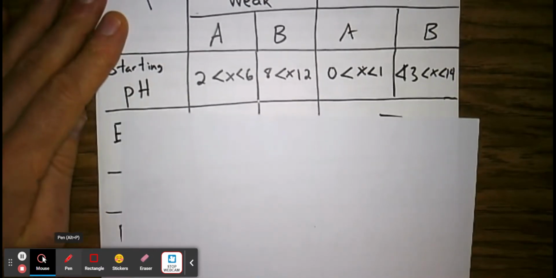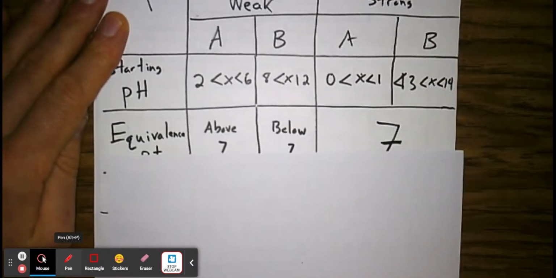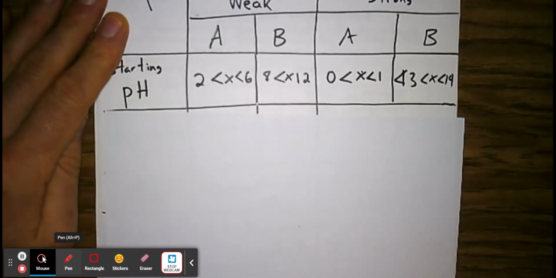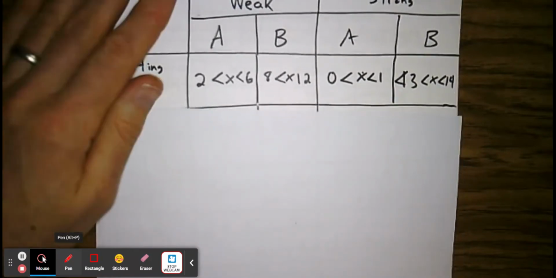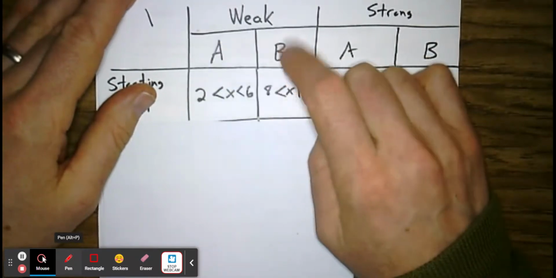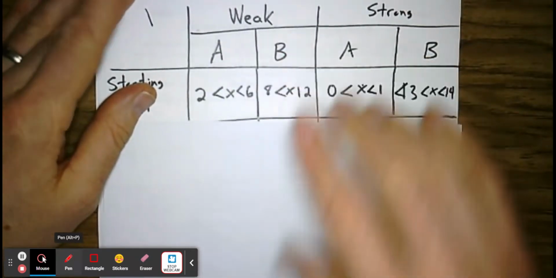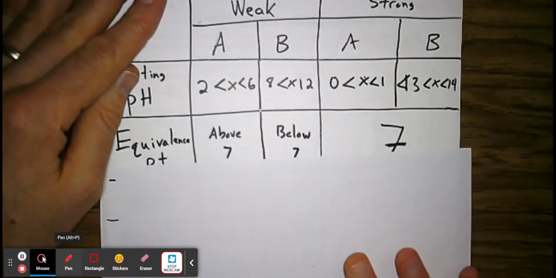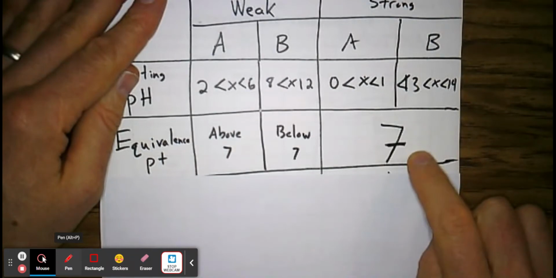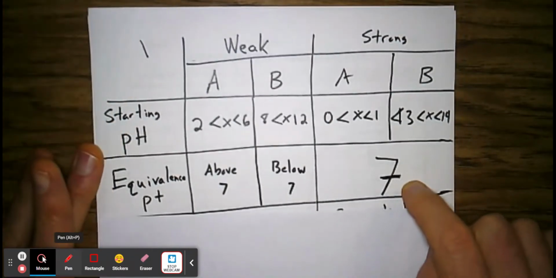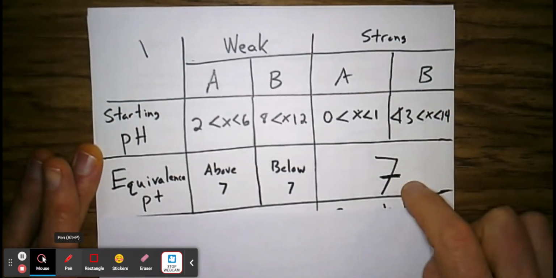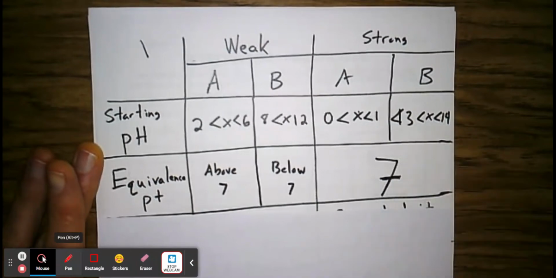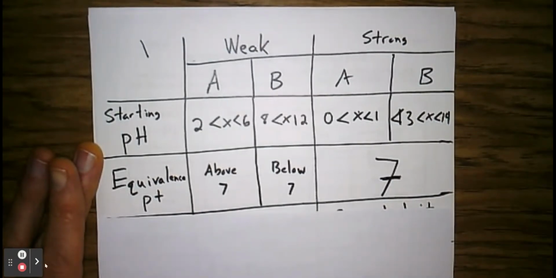The next thing I want to talk about is your equivalence point. When you're titrating a weak acid or a weak base, what you end up making is some conjugate. Therefore, your equivalence point's pH tends to be above or below 7, whereas for a strong acid or a strong base it's going to be at 7. As we had said, conjugates have feelings too.